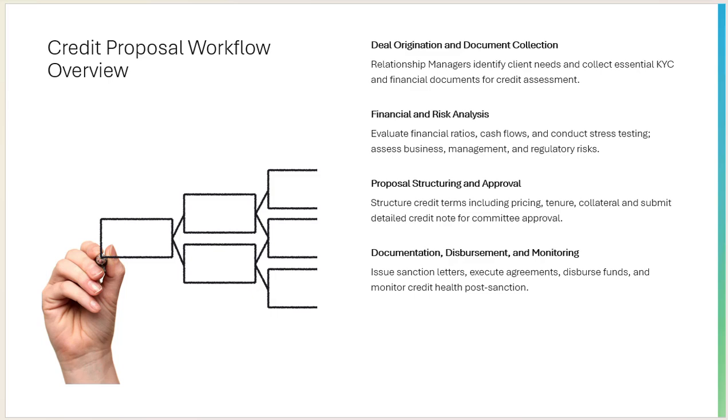Once sanctioned, the documentation process involves issuance of the sanction letter, execution of the loan agreement, and completion of conditions. Finally, disbursement occurs, followed by post-sanction monitoring, which includes periodic financial review, covenant tracking, account behavior monitoring, and renewal risk assessment.